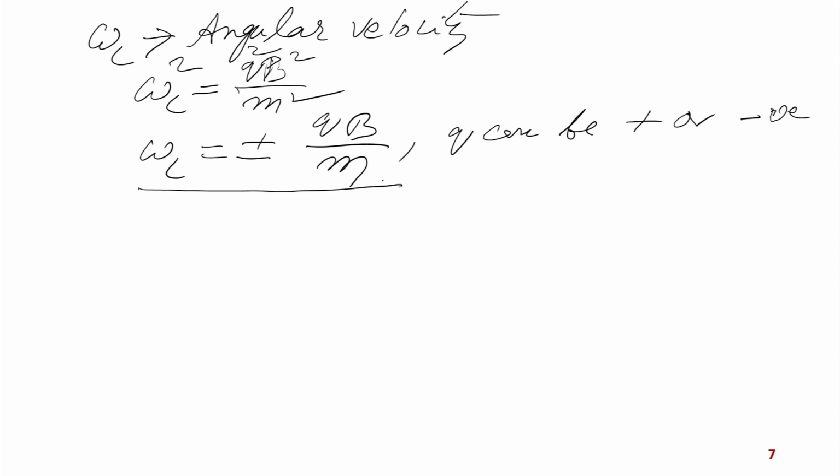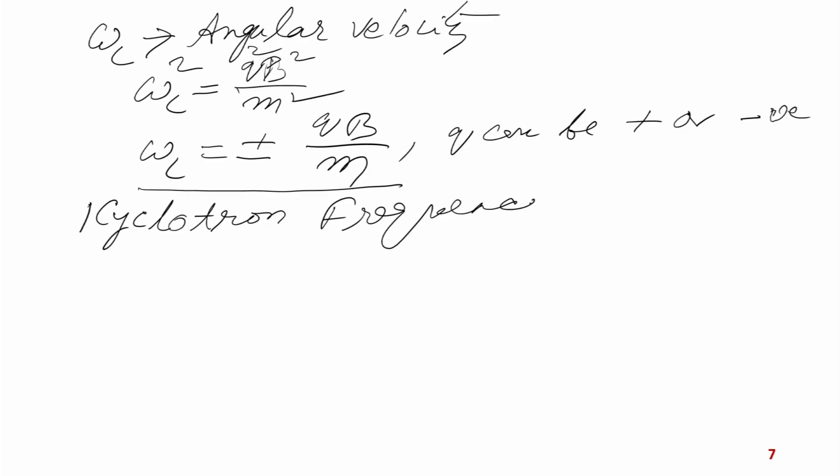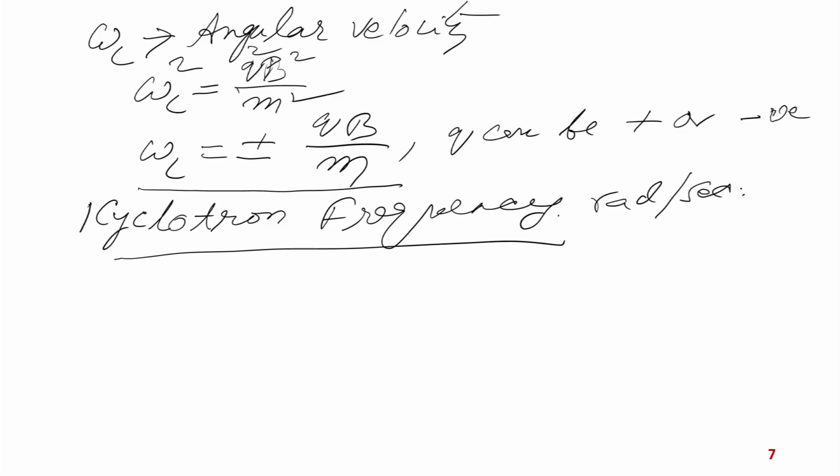So, this is called the cyclotron frequency. Its unit will be radian per second. You can convert it to hertz by dividing it by twice pi. This is also, in general, called the frequency of gyration.